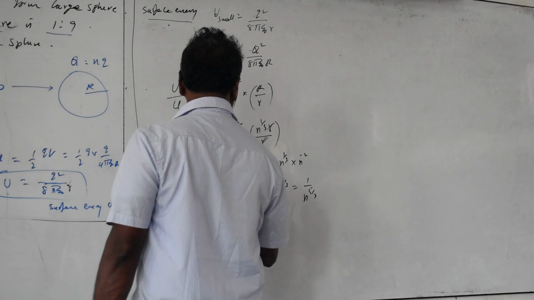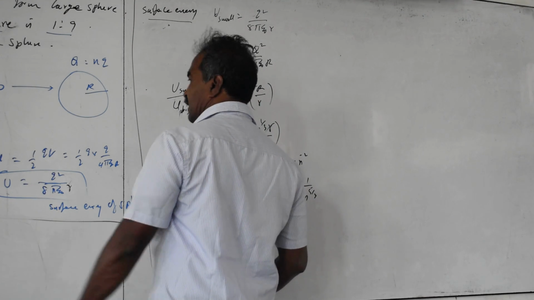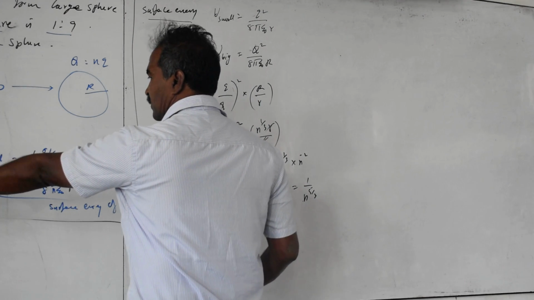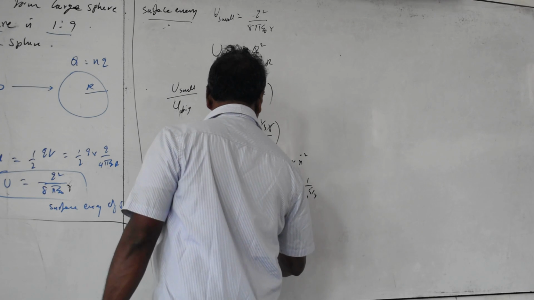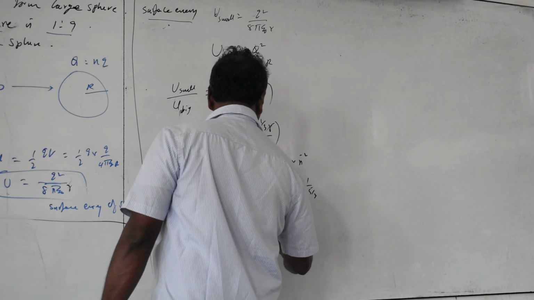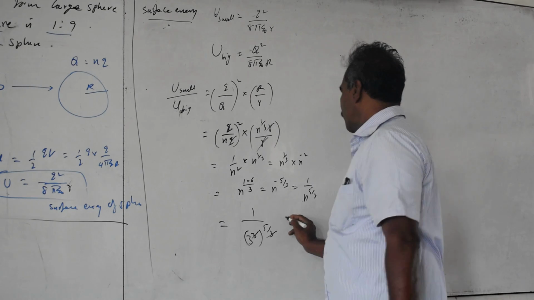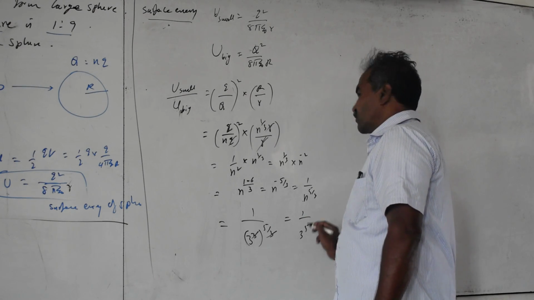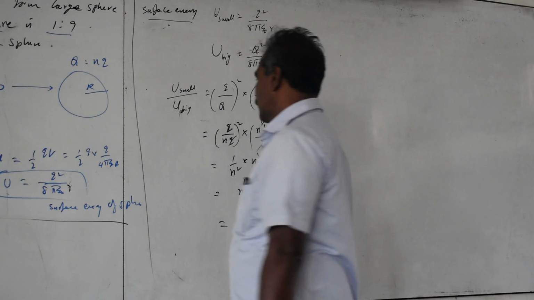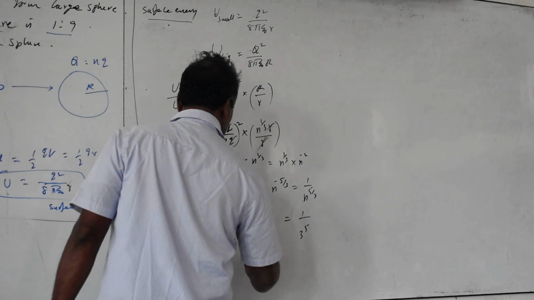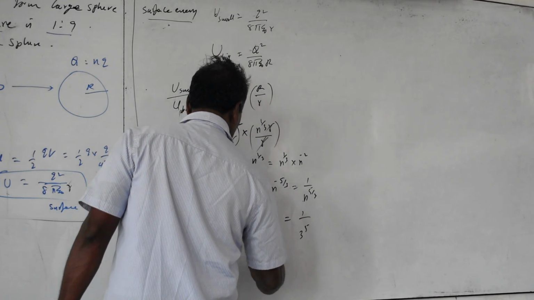So this is equal to 1 by 27, which is 3 cube, to the power of 5 by 3. This 3 cancels. The left out is 1 by 3 to the power of 5. So the ratio will be 1 is to 3 to the power of 5.